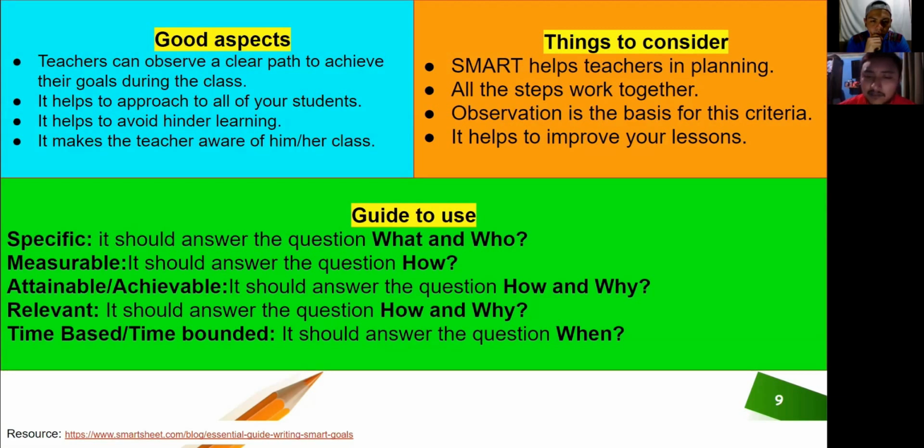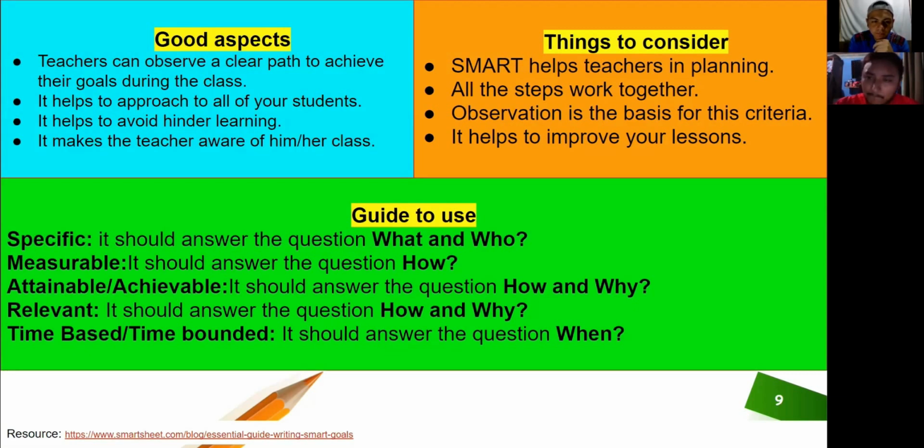And the last one, time-based or time-bounded. It should answer the question when. As we were saying before in the last slide, we have to have a period of time that makes our objective really achievable, and also it helps us to see when we are achieving it.